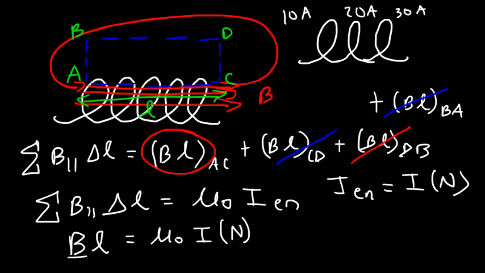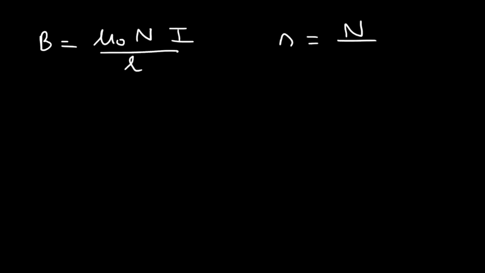So now all we need to do is divide both sides by L. So B is equal to mu 0 times N times I divided by L. Lowercase n is equal to capital N over L. Capital N represents the number of turns or loops.